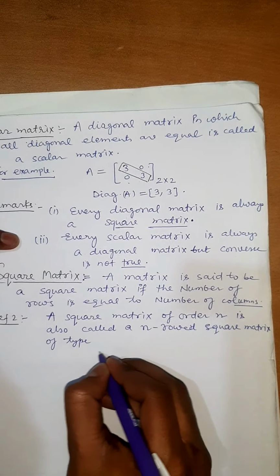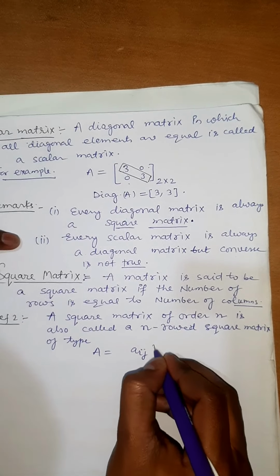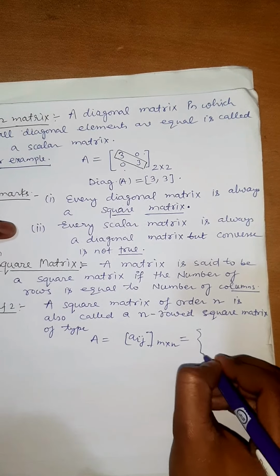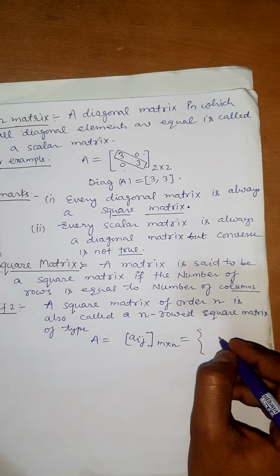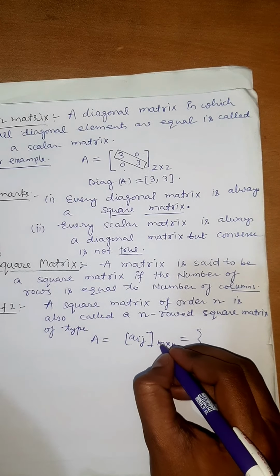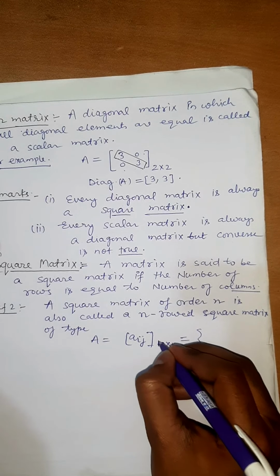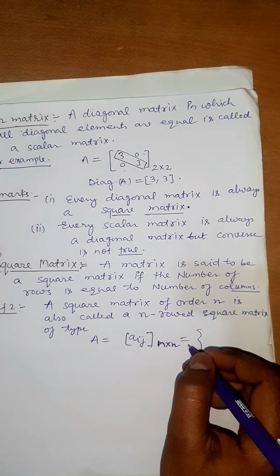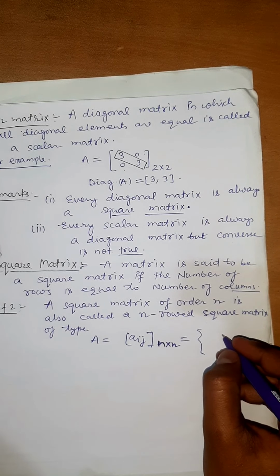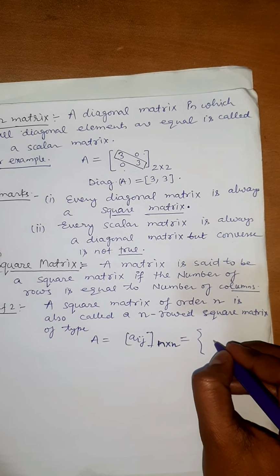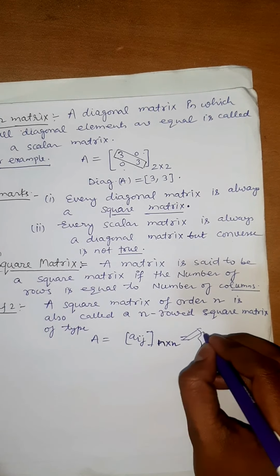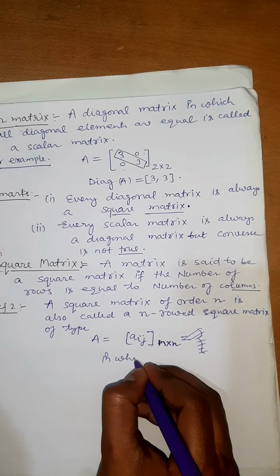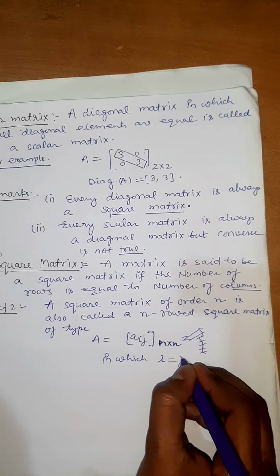Of type A equal to Aij of order m by n, which is equal to order n by n, in which i is equal to j.